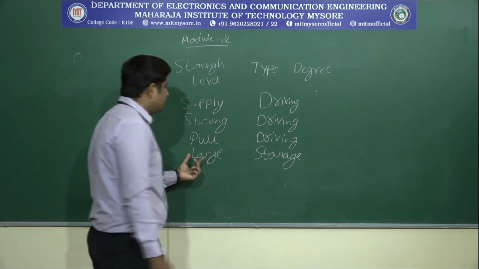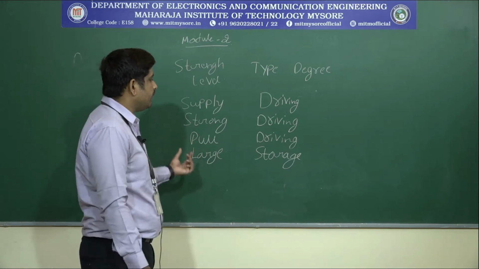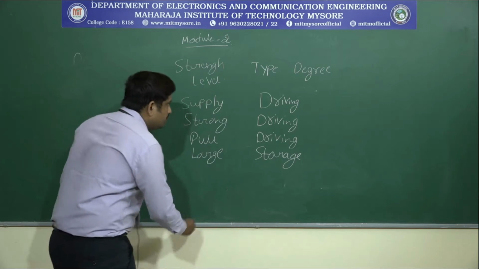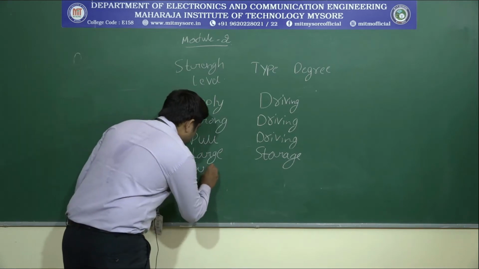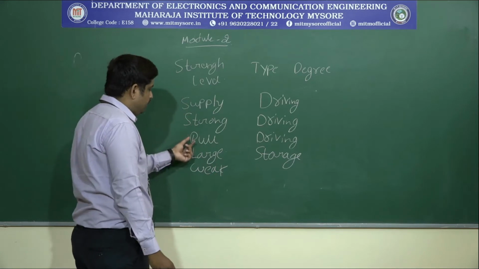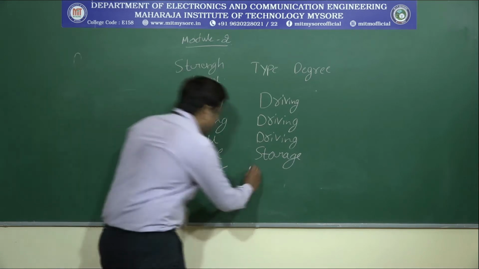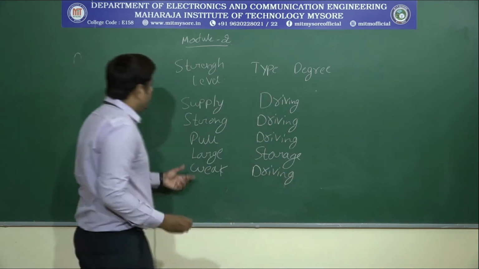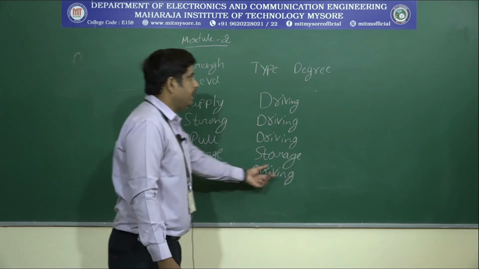Here large may hold some values, that's why we have to store, so the type should be storage. Next one, weak. Supply, strong, then pull, then weak. Again with weak, you have to drive the circuit weakly, so that's why it belongs to driving.